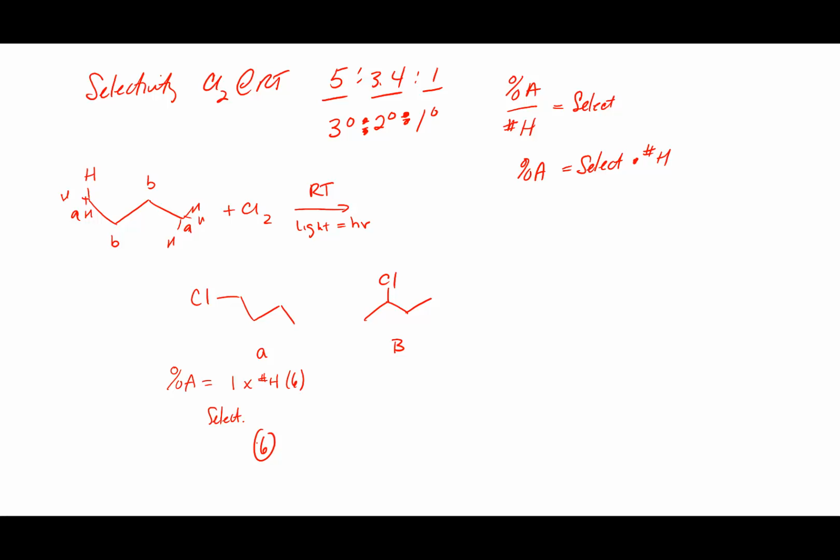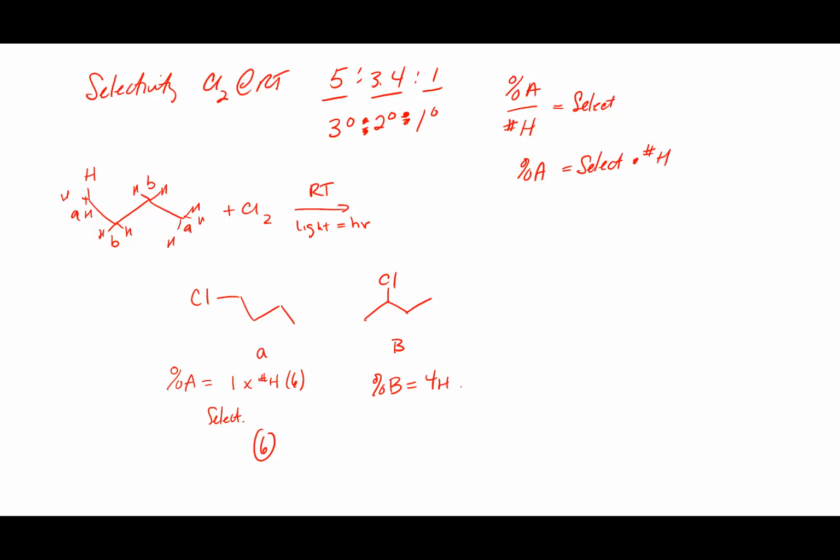So then we do this for B. What is our percentage, or what's our number for B? Well, how many hydrogens give us product B? There's 4.